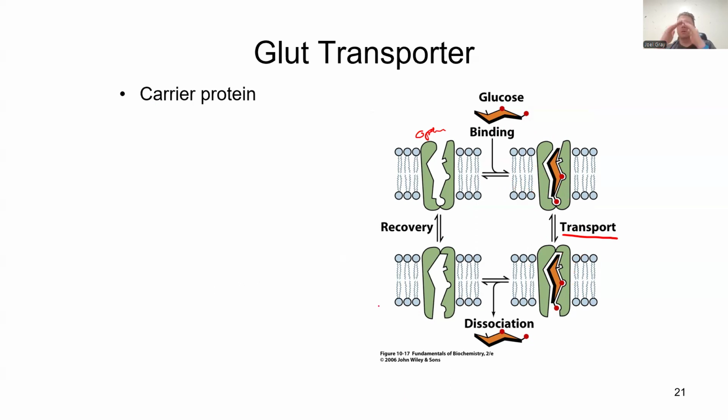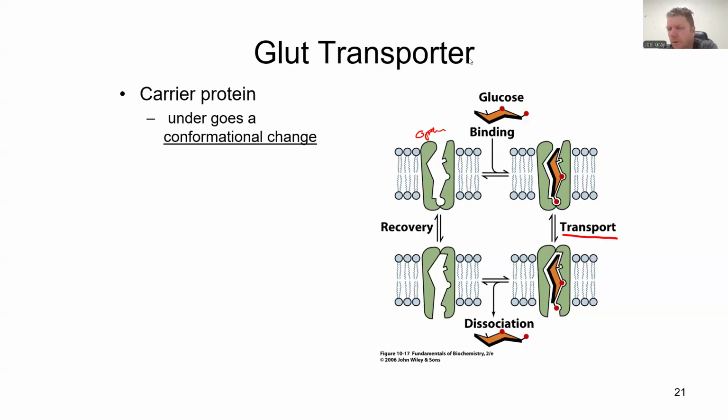And then this protein that's no longer bound to glucose will return to its original state so it can pick up other glucose molecules and move them across. Now, these work both ways. When you look at this, it's not to say, oh well, this is the cytosol, this is the extracellular space. This model here doesn't identify the inner or outer leaflet.